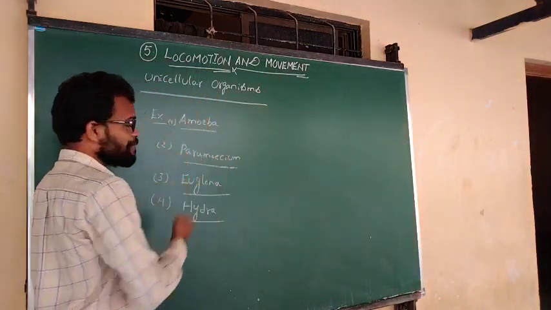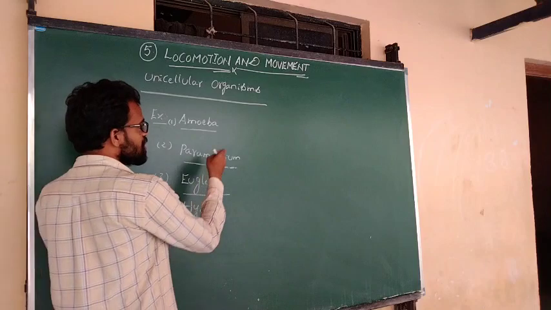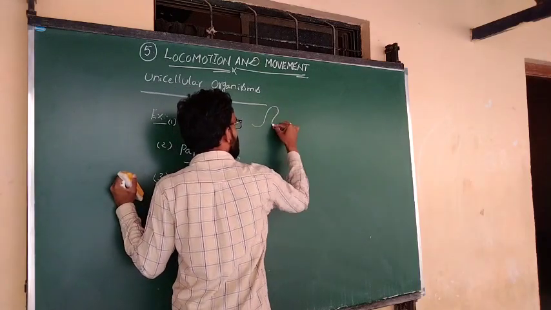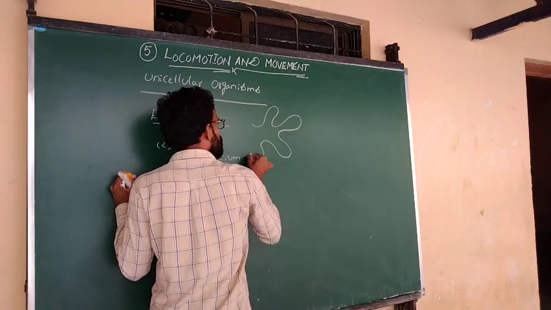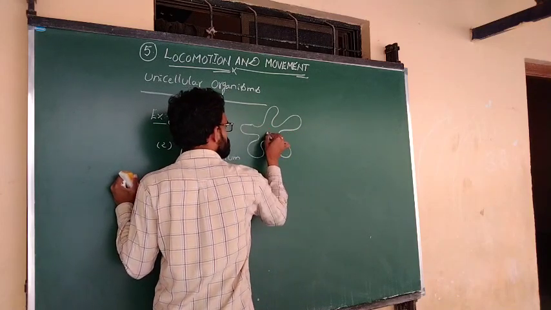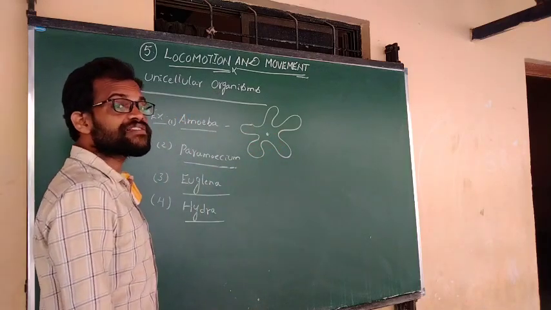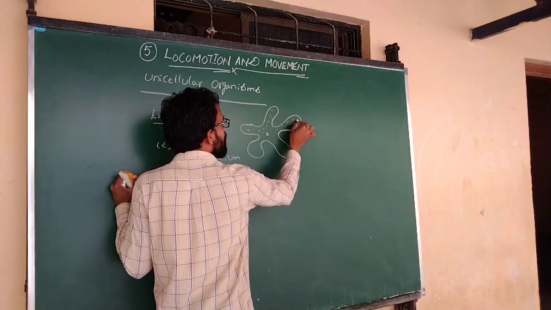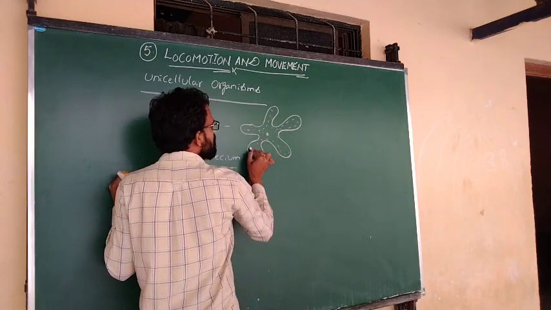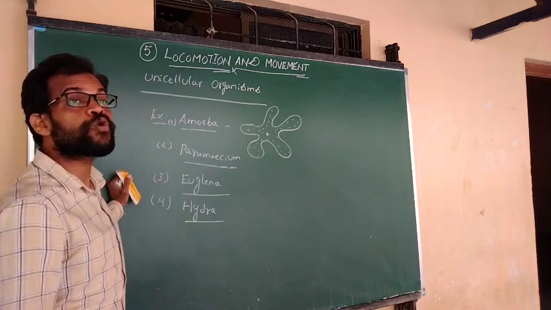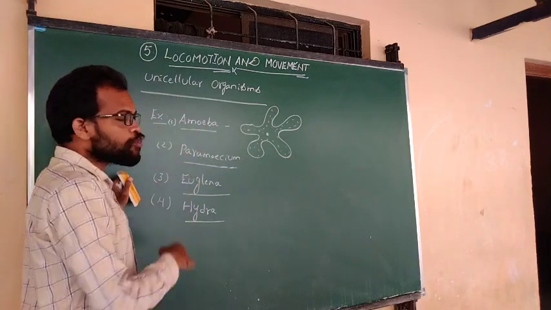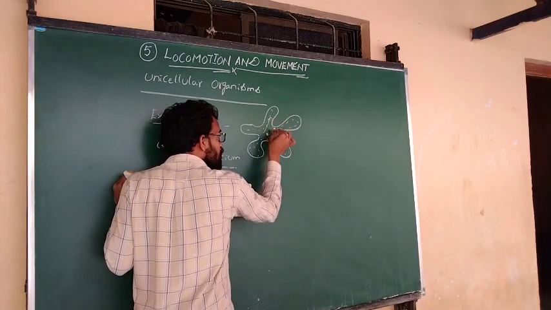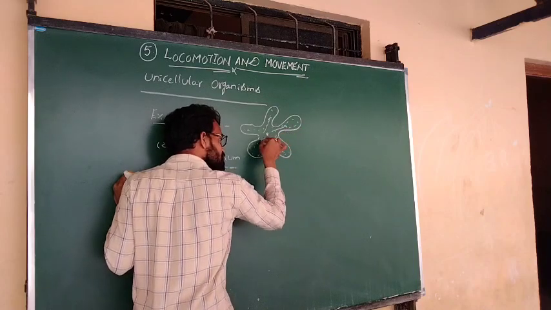If you observe the amoeba, a unicellular organism, the cytoplasm of the amoeba is known as protoplasm. This protoplasm moves into the entire cell body.